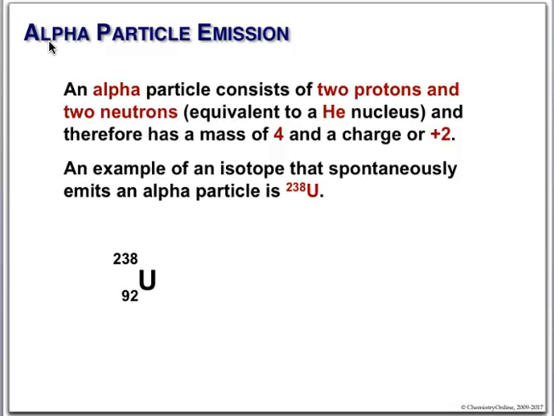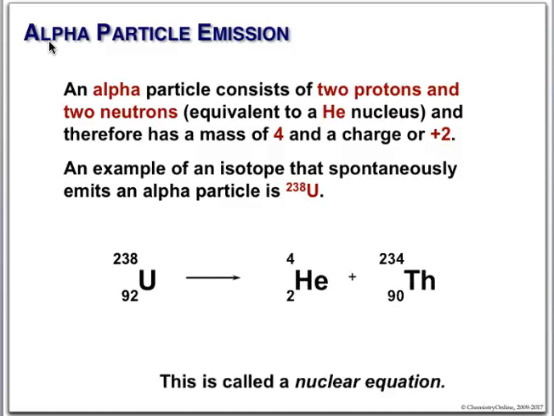Now this nucleus is unstable enough that it will spontaneously lose an alpha particle. So that's two protons, 2 neutrons. This is abbreviated as He, helium, mass number of 4, atomic number of 2, 2 protons.